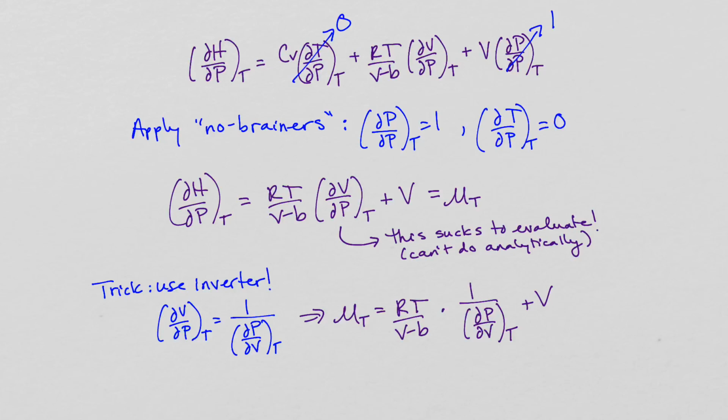Just remember that you'll want to use your trick of a Taylor expansion when you do that. Remember your Taylor expansion, 1 over 1 minus x equals 1 plus x squared.